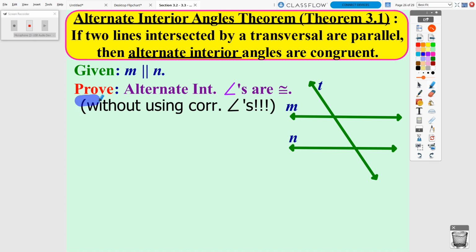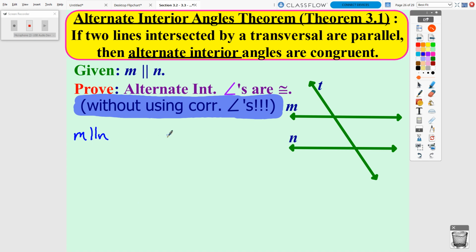And so I've got a restriction. What I'm going to call a restriction is that we're going to do this proof now, but we're not going to use corresponding angles. So first off, it'd be good if we had our given. Let's start off. We've got parallel lines, and we needed to prove that alternate interior angles are congruent.